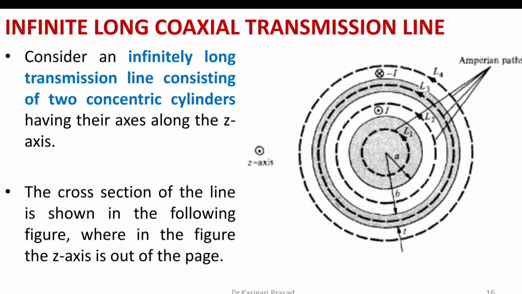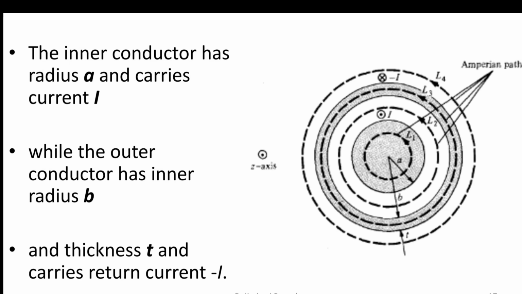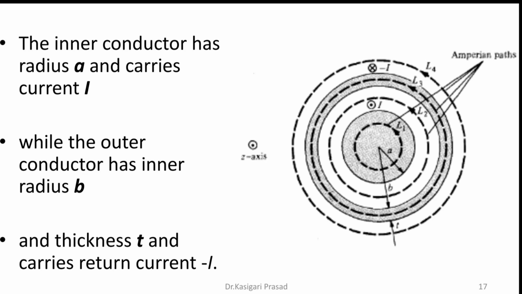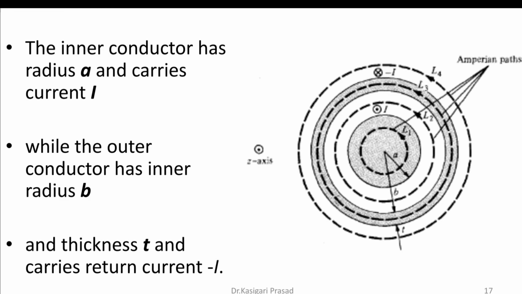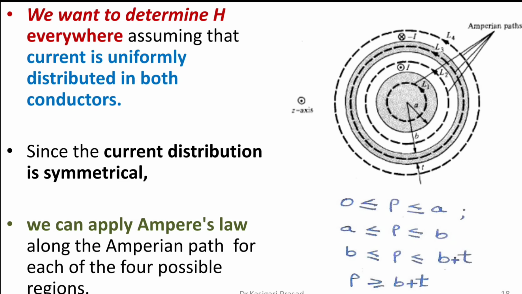The inner conductor has radius small a and carries current I, while the outer conductor has radius b and thickness t and is carrying current -I. So the inner conductor has radius small a, the outer conductor has radius small b, the inner conductor carries current I and the outer conductor carries current -I.